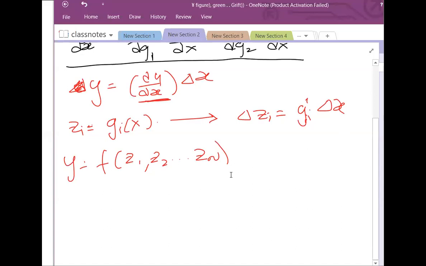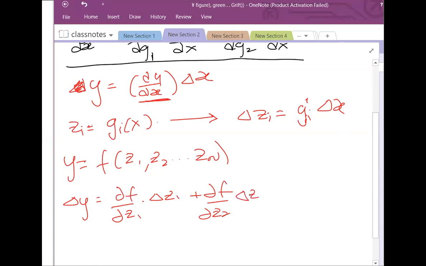What is delta y over here? Again, you remember this, right? It is the partial of f with respect to z1 times delta z1 plus the partial of f with respect to z2 times delta z2 and so on. Remember this? We just did it, right?